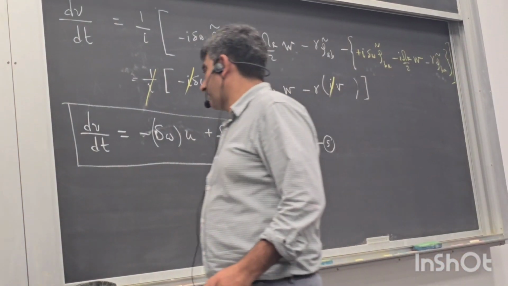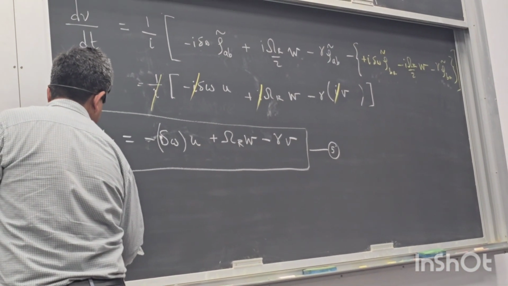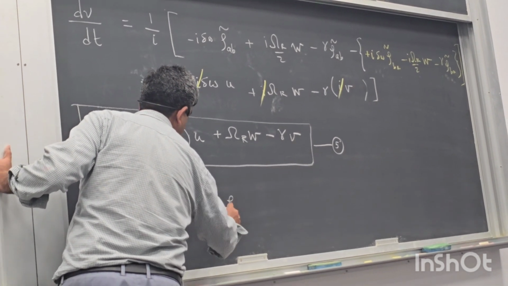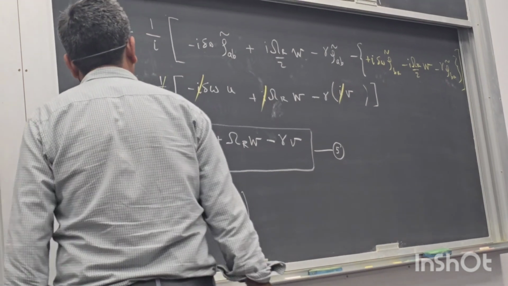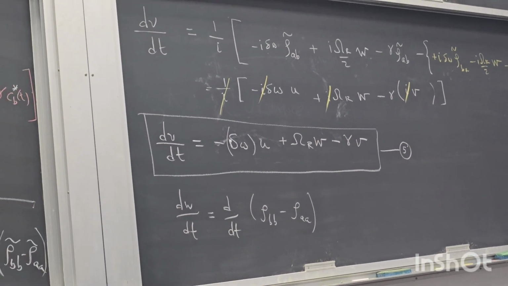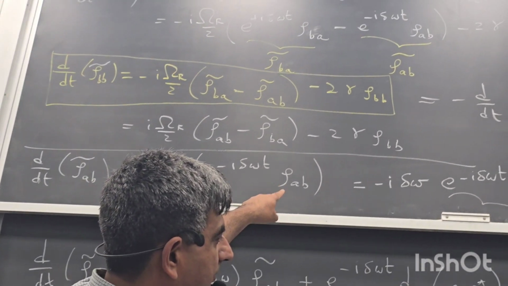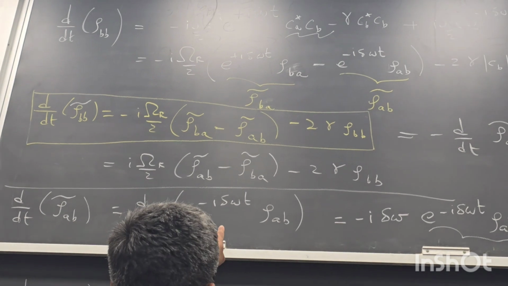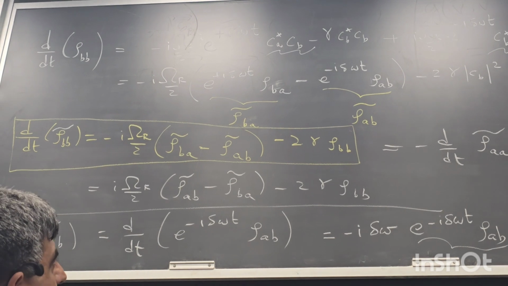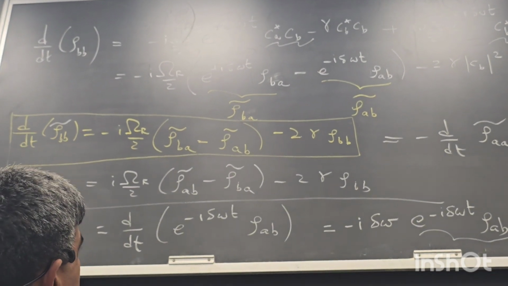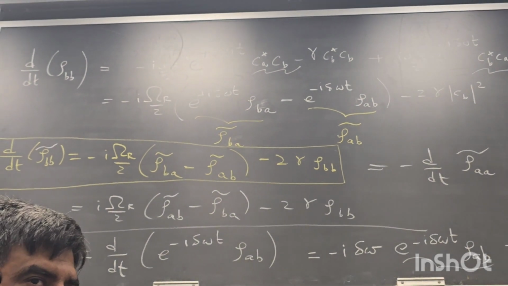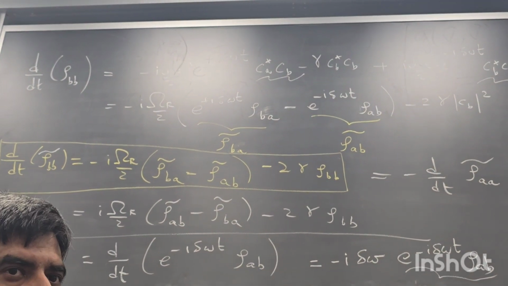Finally, dw by dt is given by d by dt of rho BB minus rho AA. Now, where is my d rho? There it is. So this is d of rho BB minus rho AA, 2 times.